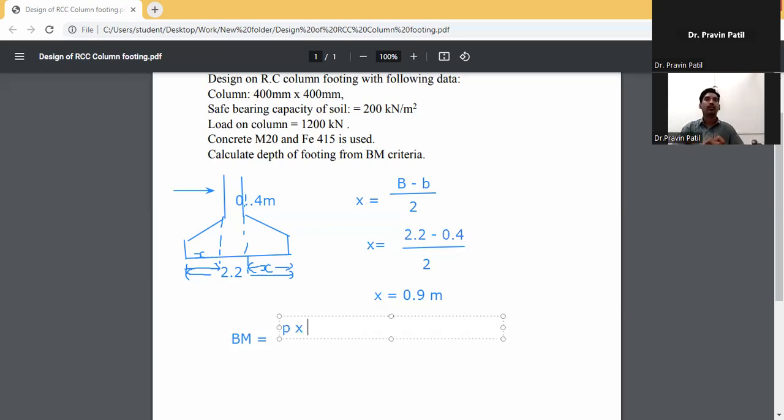P is the upward pressure, 371.900, into x, 0.9 square, divided by 2.